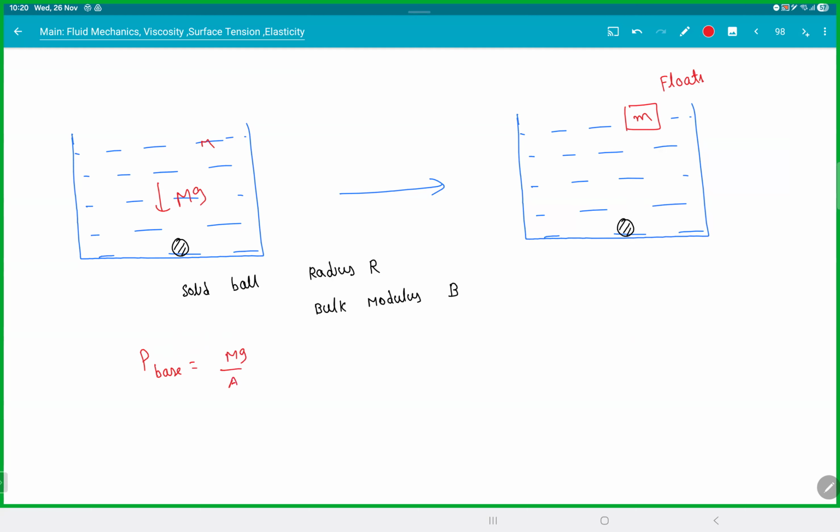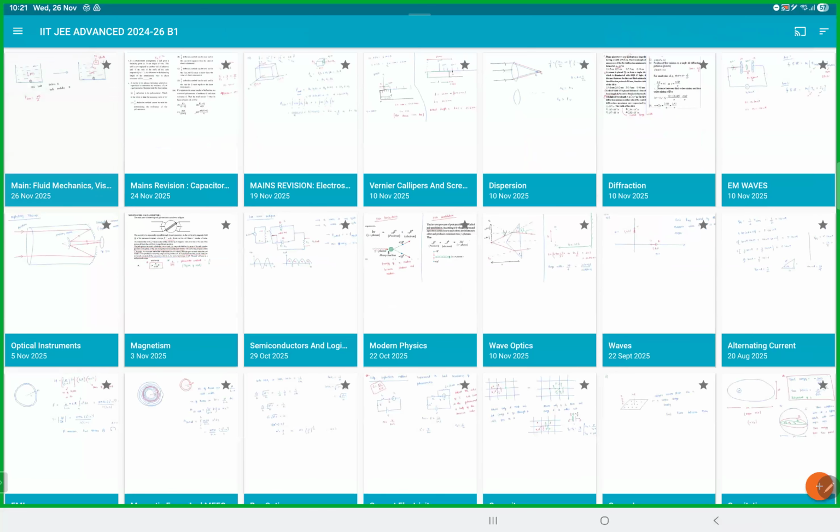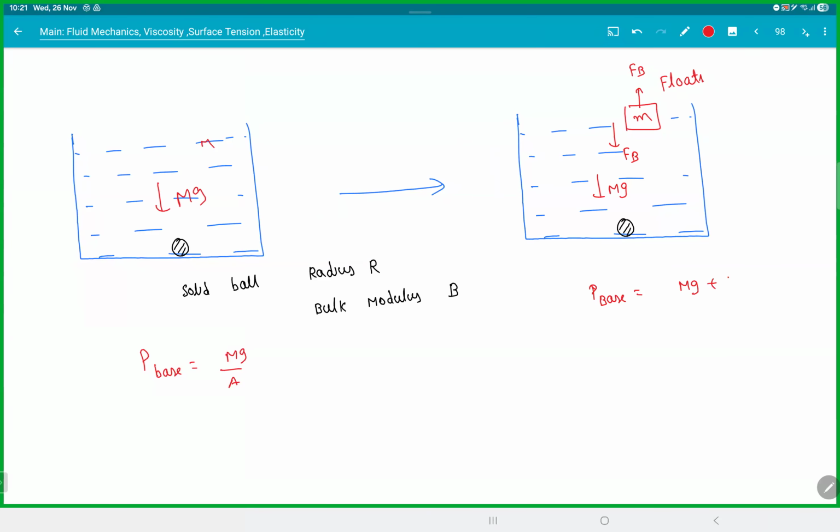Now when you drop that, what is the total force acting? If you draw the FBD of the block, the buoyancy force will act upward on the block. That same buoyant force will act downward on the liquid. Are you clear with this? So now the pressure on the base will be Mg plus the buoyant force by area.